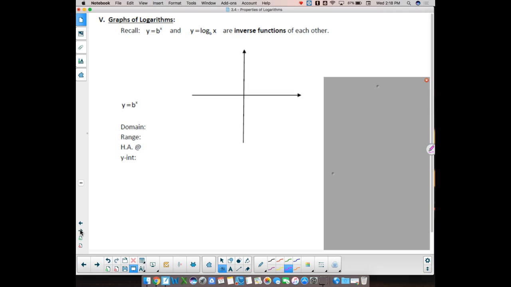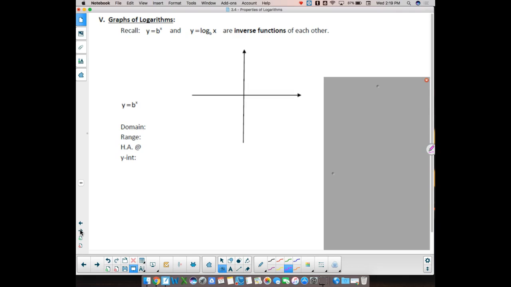Okay? All right. So let's put an exponential function and a logarithmic function on the same graph because they're inverses of one another. Okay? So if I graph y equals b to the x, and let's say b is greater than 1. Okay?